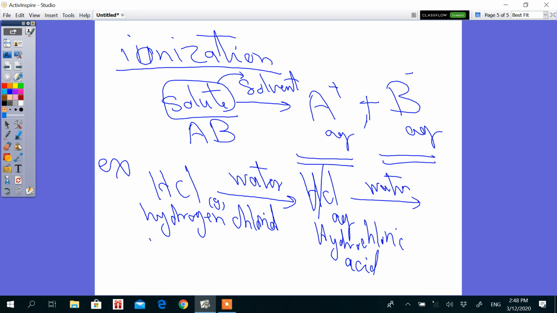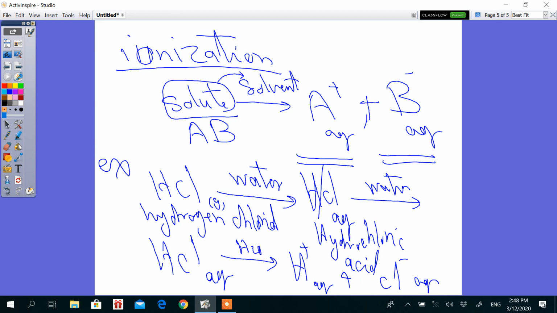As you see, HCl aqueous, hydrochloric acid now, in H2O will produce H positive aqueous and Cl negative aqueous. So we can apply the ionization concept on HCl.